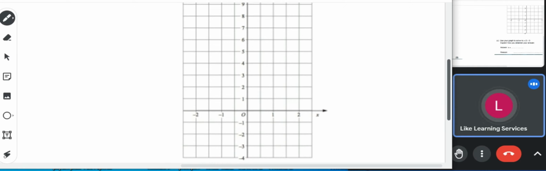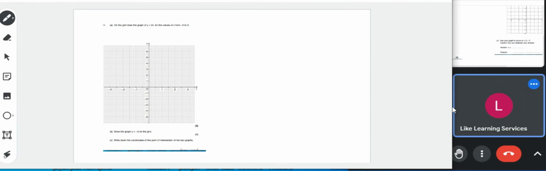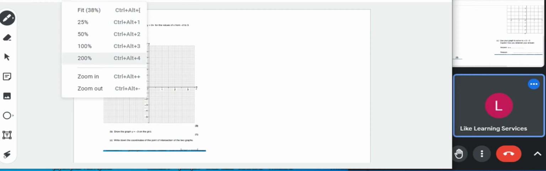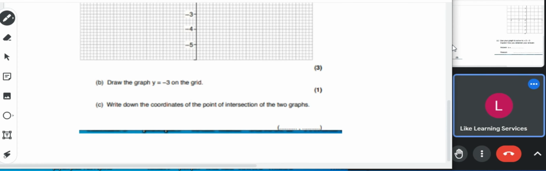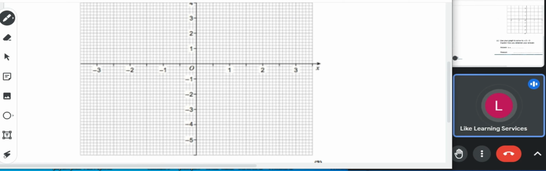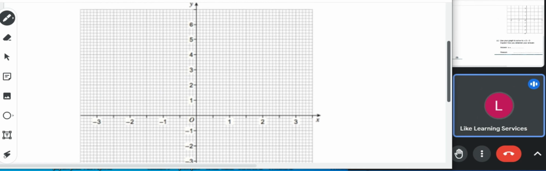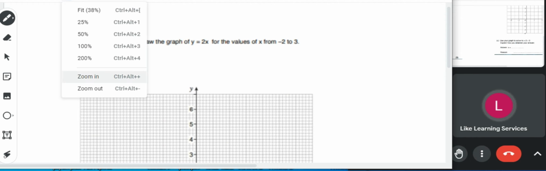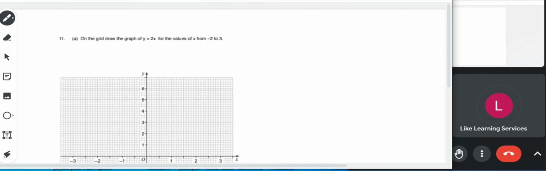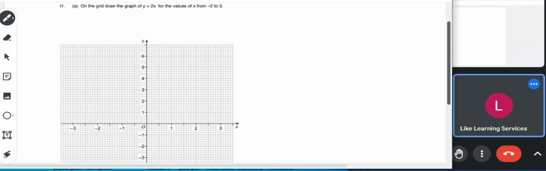Let me see if this one is more challenging. Okay, maybe we should do this one first. Go to the next page, page 14 of 14. We need to do this very quickly.